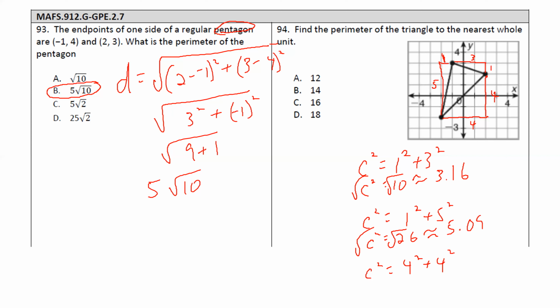Then you have the last one, 32, which does simplify if you had done the other method. Either way, your final answer, square root of 32, is 5.66.